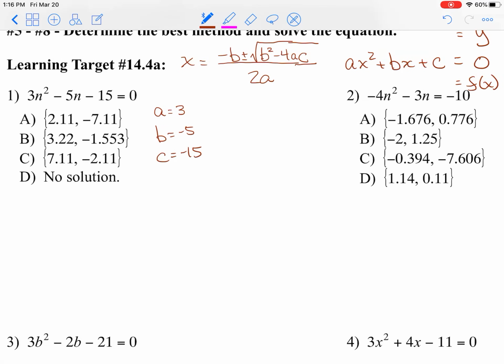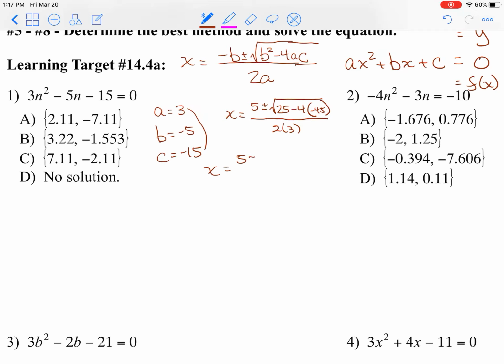So let's substitute all those values into that formula. So x equals, my b is -5, so the opposite will be +5. -5 squared is 25. And then a times c, 3 times -15 is -45. All of that over 2 times a, 2 times 3 is going to be 6.